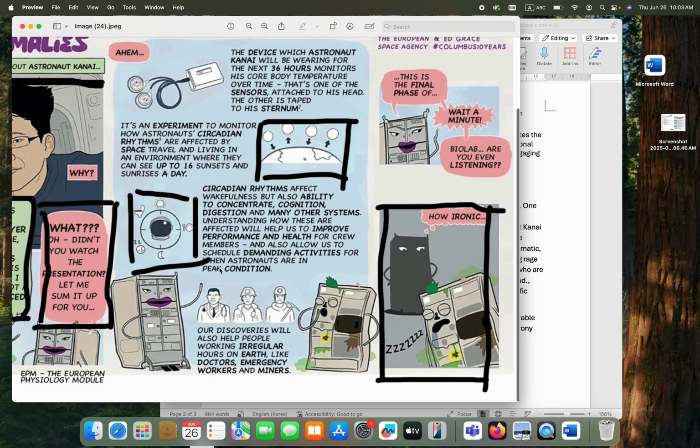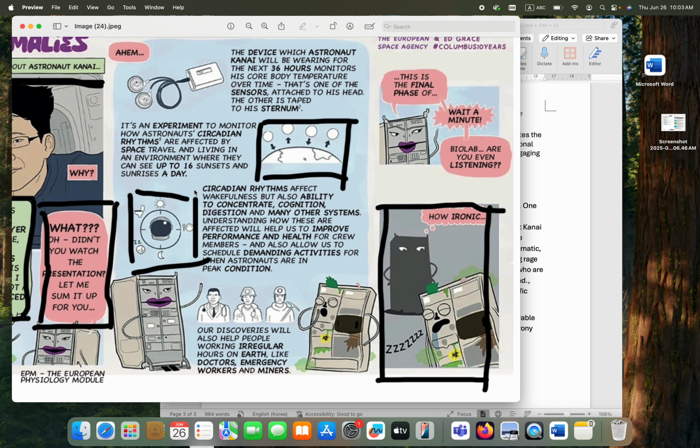I think this diagram right here helps readers visually see the complex biological concept, and like this diagram right here, so the multiple sunrises, which helps the readers understand the science but remember it because it's tied to something funny or exaggerated.